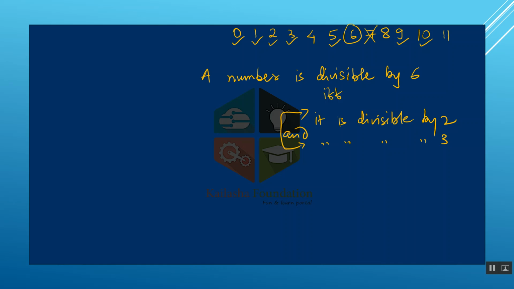The number must be divisible by 2 and the number must be divisible by 3. The number must be divisible by 2 and 3 both. If the number is divisible by 6, then it is divisible by 2 and 3 both, and vice versa. So for the divisibility by 6, we check the divisibility by 2 and 3 separately. If both the conditions are satisfied, then it passes the divisibility test. Okay, now we have to discuss 4 and 8.